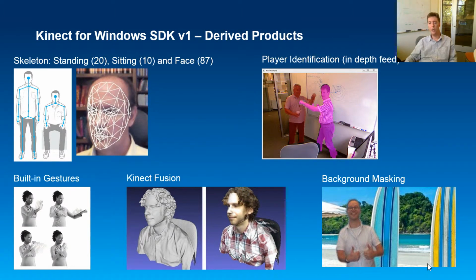Kinect Fusion, this is an add-on. This is a utility recently developed by the research team. Kinect Fusion is when you use the Kinect device like a 3D scanner. You pick it up and you can scan around a body, a person, or an object, and it'll create, like a LiDAR, on the fly a 3D mesh.